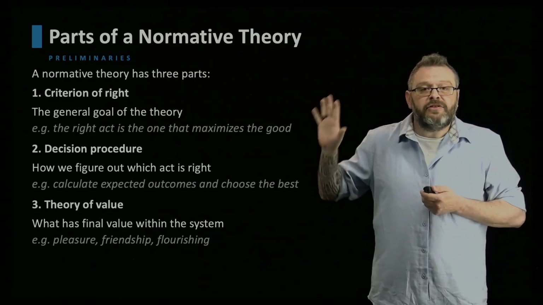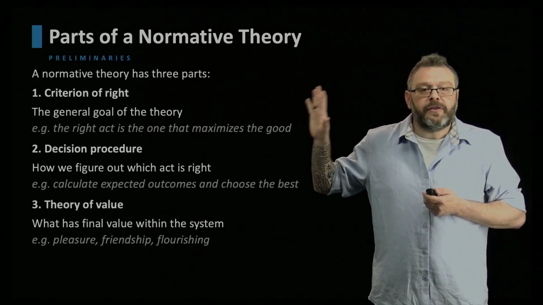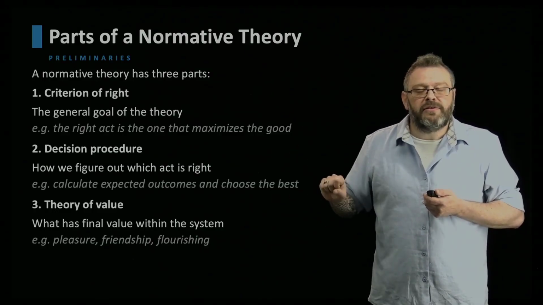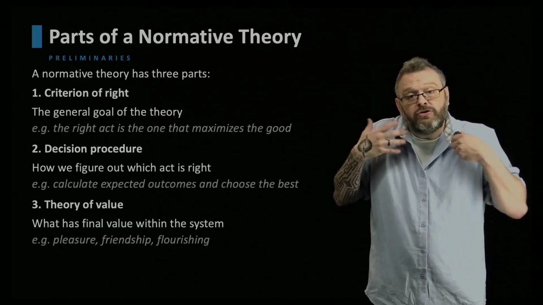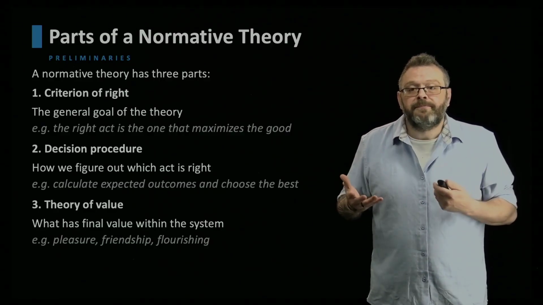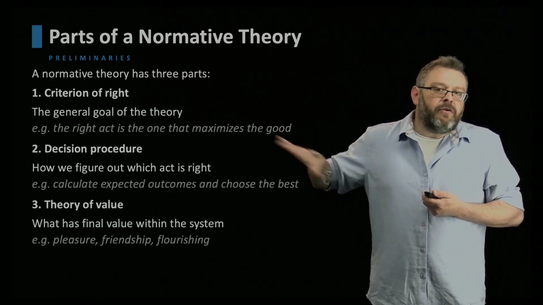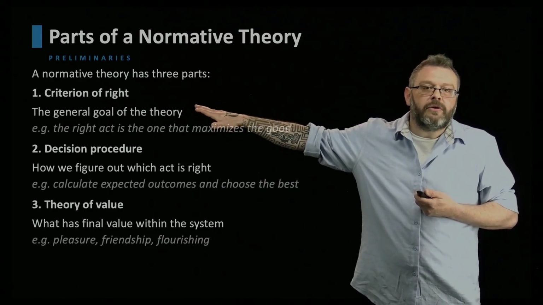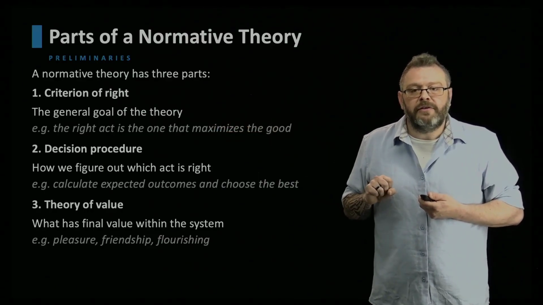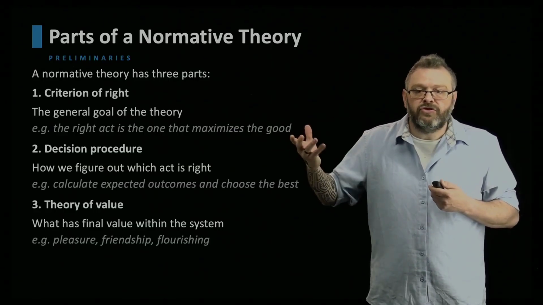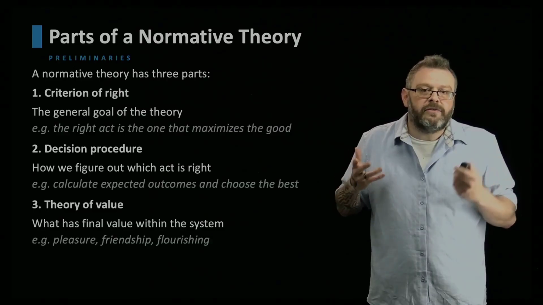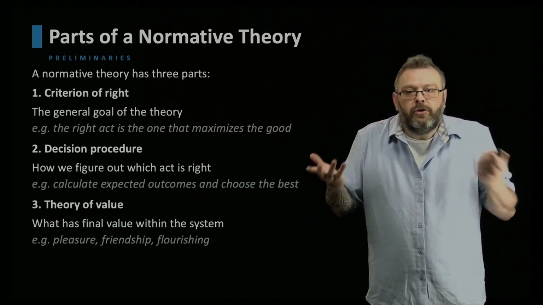But this is a really nice way of thinking about ethical theories. And in fact, you can use this framework to construct an ethical theory. So just very broadly, we'll need to start with some kind of criterion of right. And for consequentialist theories in general, the right act is the one that's going to bring about the most good.